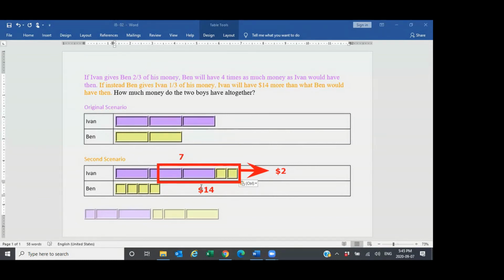All right, so now that we know what 1 square represents, what does 1 bar represent? To find out what 1 bar represents, we must know how many squares each bar has. So if 1 square is $2 and each bar, this rectangle unit, has 3 squares, so that's 3 times 2.